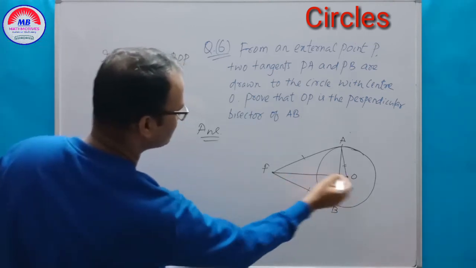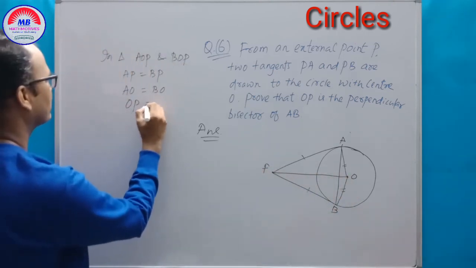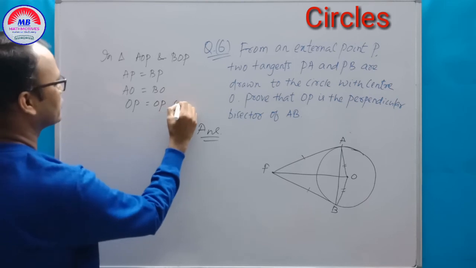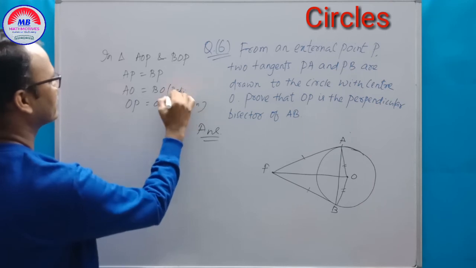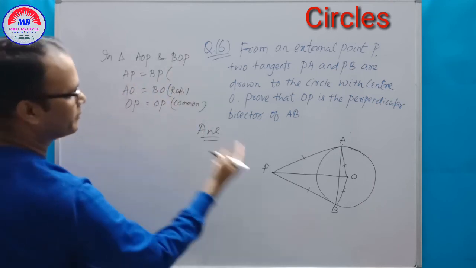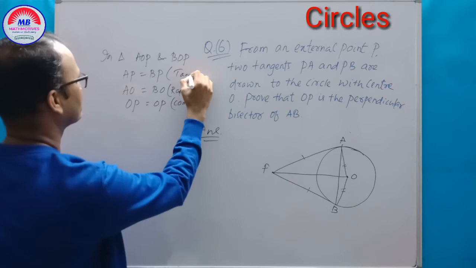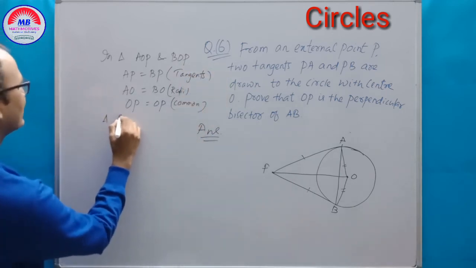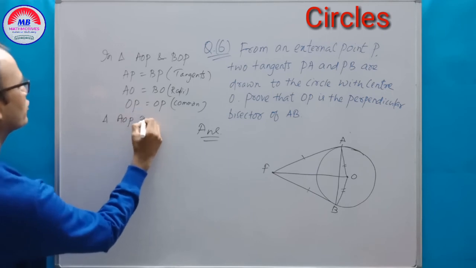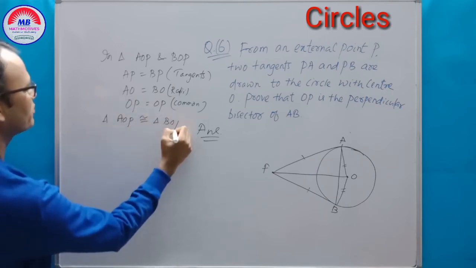Third, OP is equal to OP, the common side. Now you see, triangle AOP is congruent to triangle BOP. So here two triangles are congruent to each other.